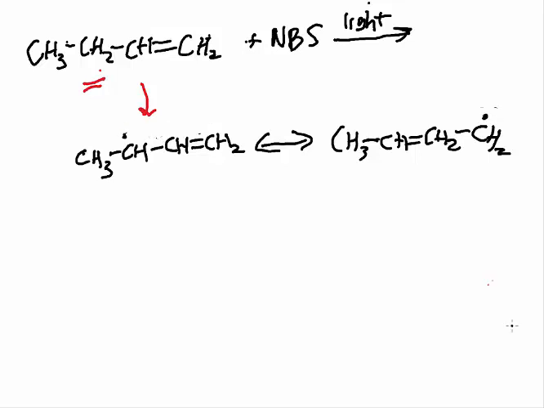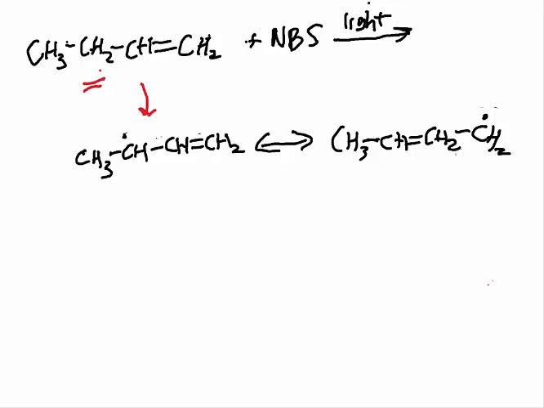Okay, I paused the video and fixed my drawings up a bit. I removed the half-headed arrows so you can see the C dot properly in the left resonance structure, and then I've got a better dot drawn on the right resonance structure. So these are the two resonance structures that you would draw for the radical product that forms.